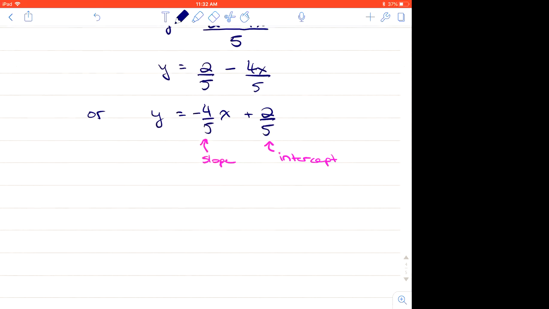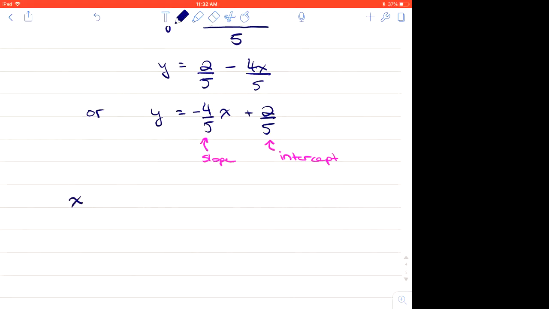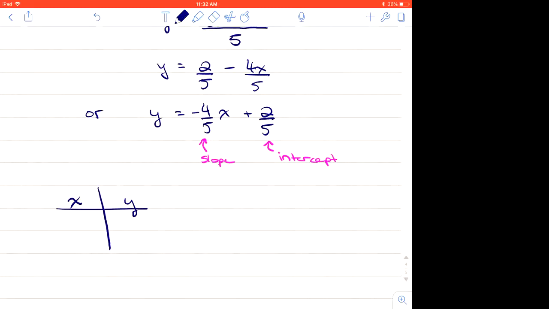So the whole goal was to sketch this thing, right? We need to find 2 points on this line. So I'm going to set up my little table here of x and y values. I'm going to remind myself that y equals negative 4 over 5 times x plus 2 over 5.